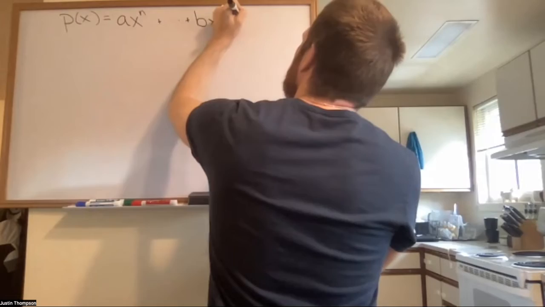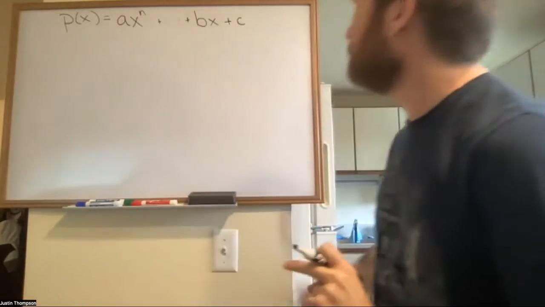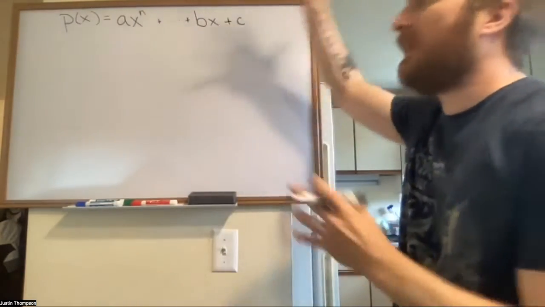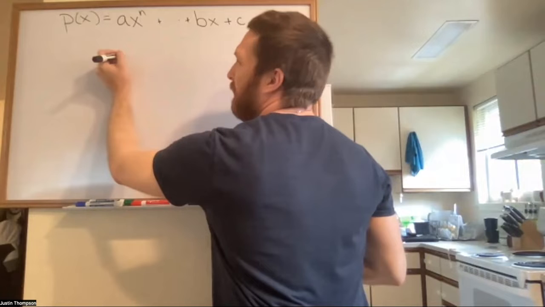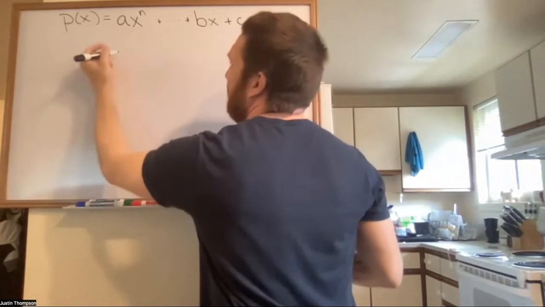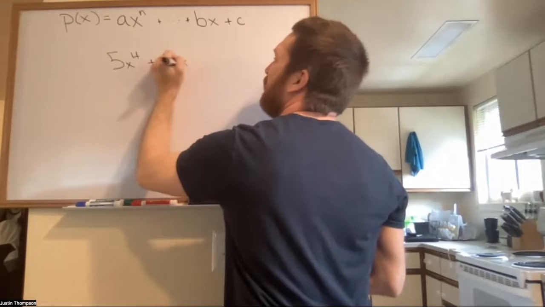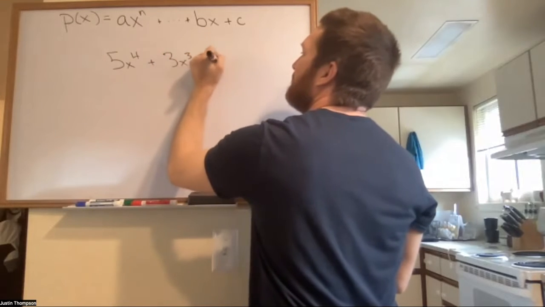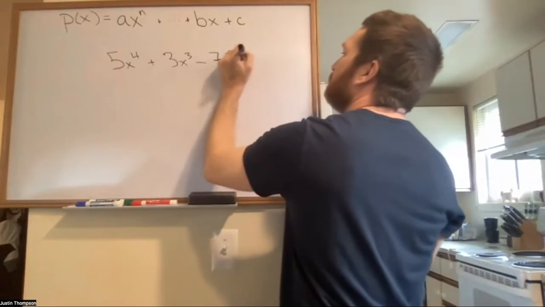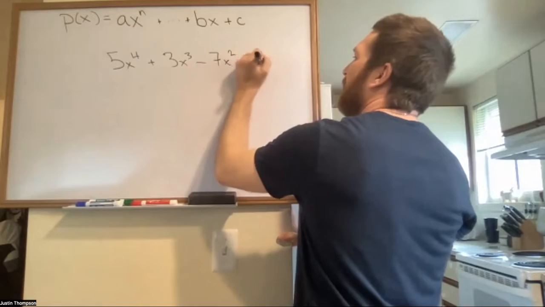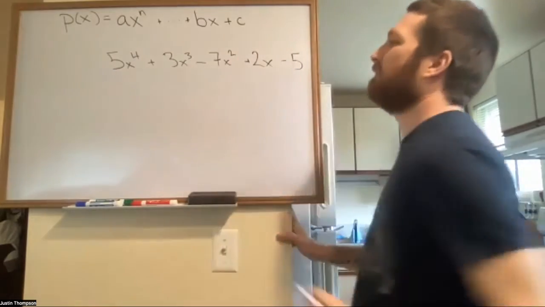x plus c. So you could imagine, for instance, if I had, don't bother writing this down, but what I'm saying here is we have something like, let's pretend 5x to the fourth plus 3x to the third minus 7x squared plus, how about 2x minus 5 right here?